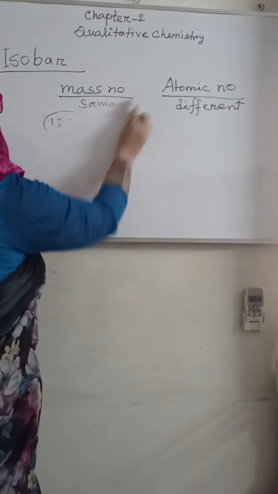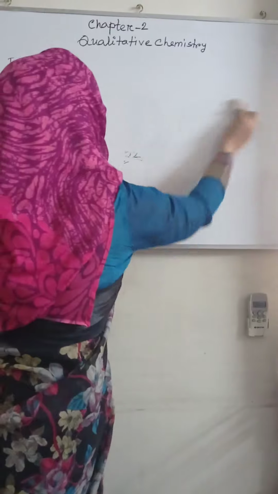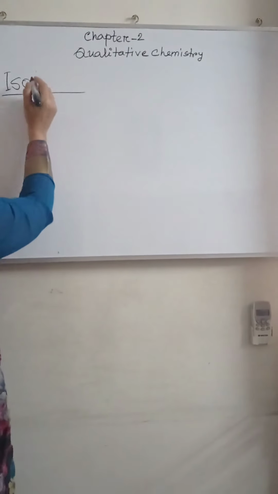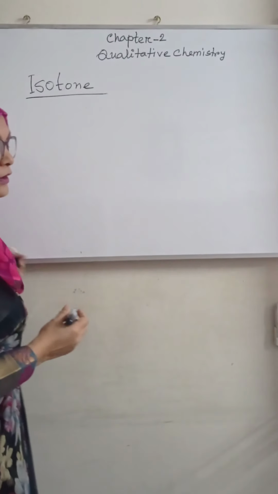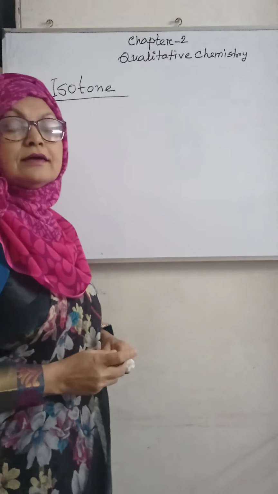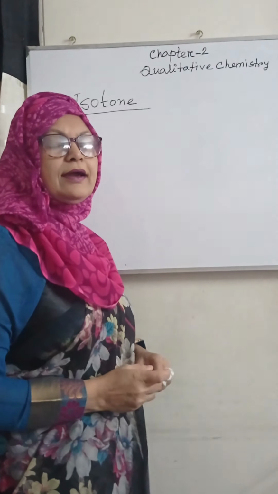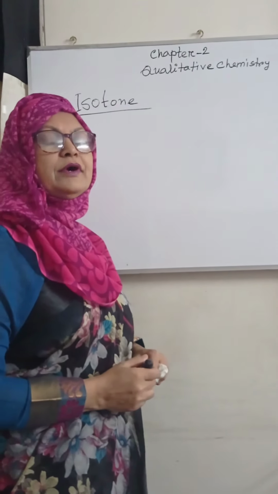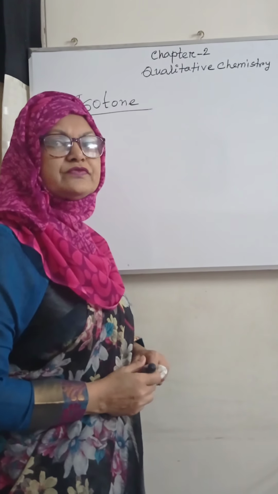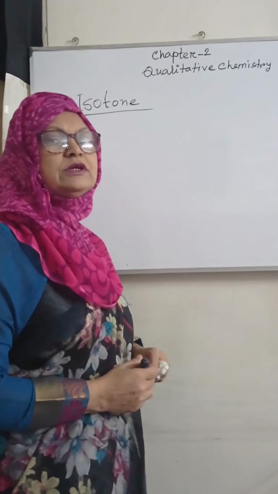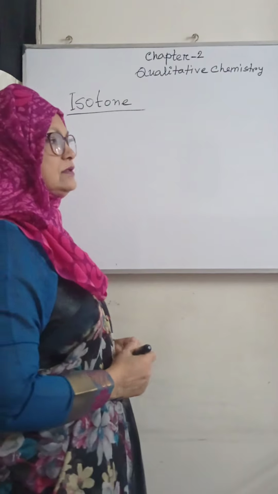Now our next topic is isotone. Atoms of different elements which have the same number of neutrons but different atomic number are called isotones of each other.